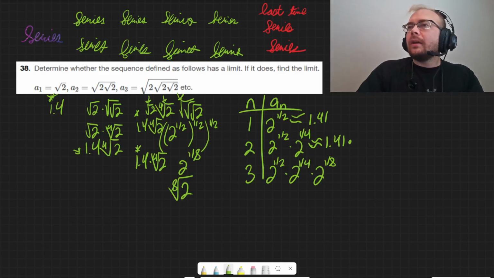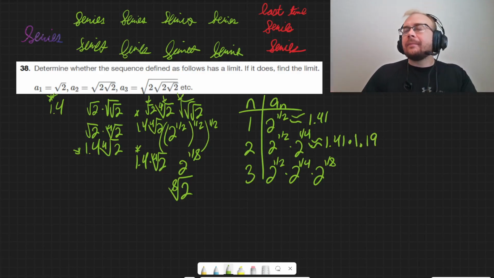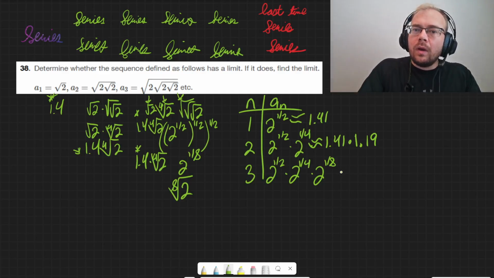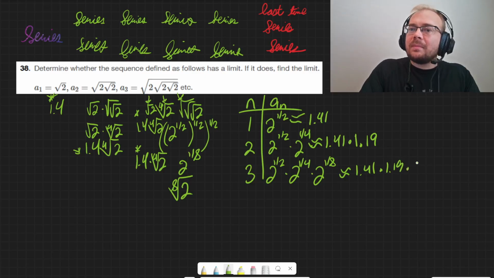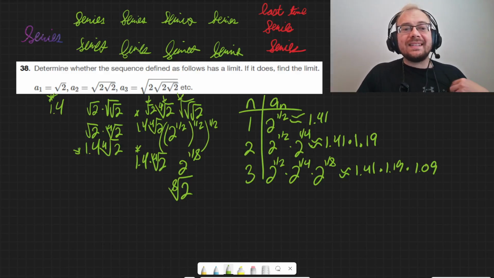So 2 to the 1/4 power would be 1.19. And then what is 2 to the 1/8 power? It would be 1.09. So 1.41 times 1.19 times 1.09. So it is getting a lot closer to... and then the next one would be the 16th, right?